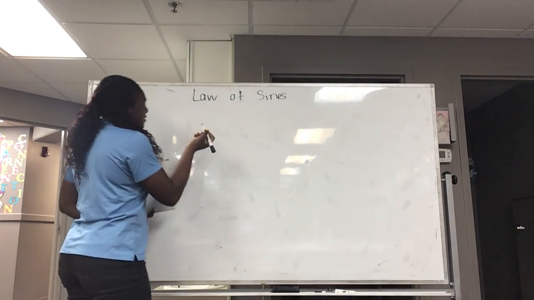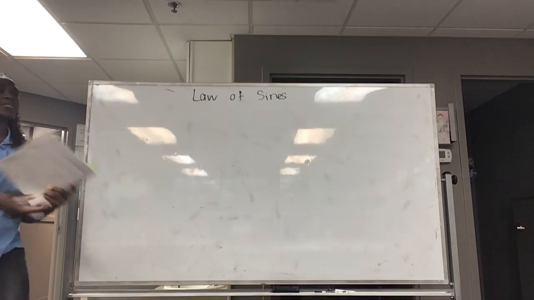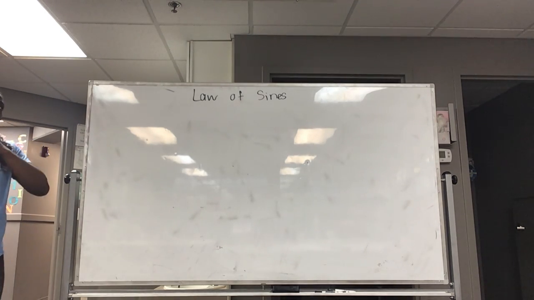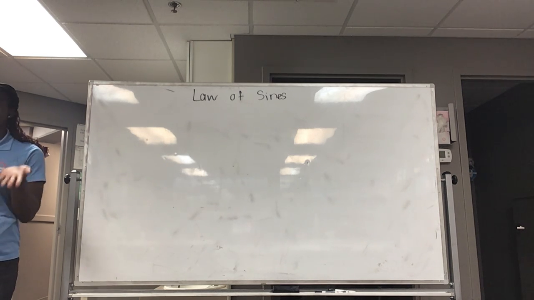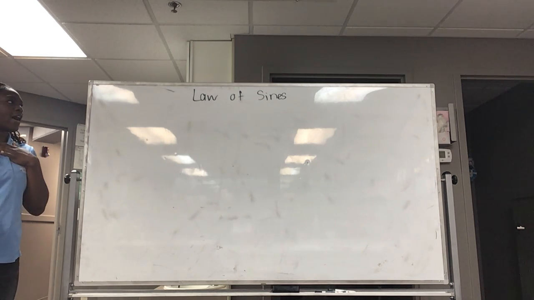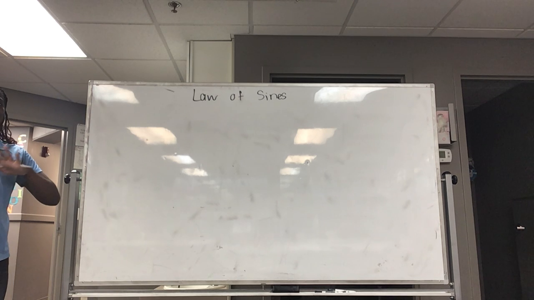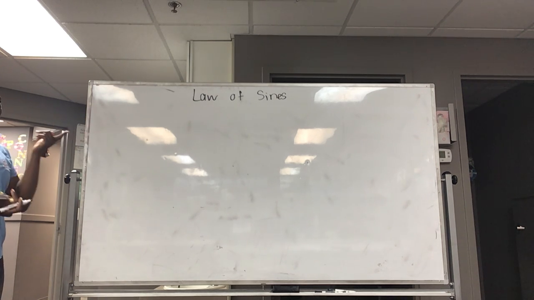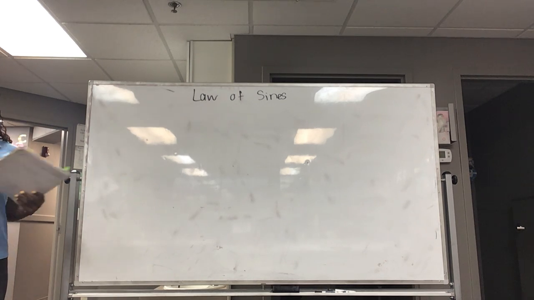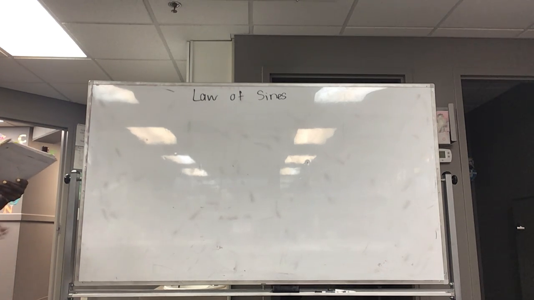And so we use the law of sines to solve triangles, kind of like how we use SOHCAHTOA to solve triangles. But in this instance, our triangles don't have to be right triangles. So when we're doing the Pythagorean theorem, we needed to have right triangles in order for it to work. When we're doing the law of sines, the triangles don't need to be right triangles. They can just be any type of triangle.